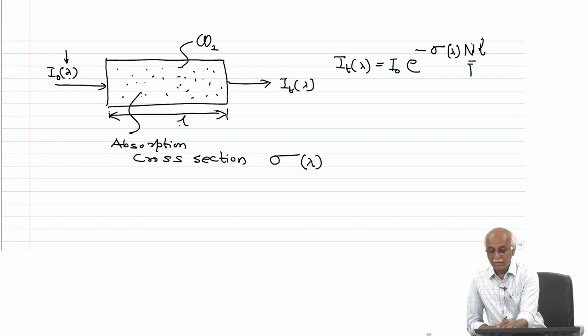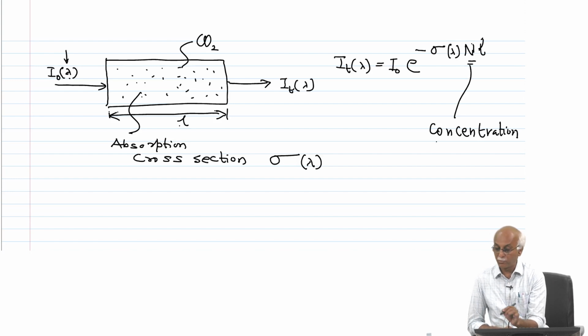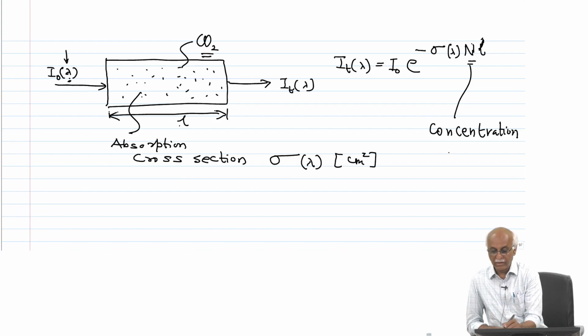Now, this n is nothing but the concentration of the molecular species, assuming we are talking about only one molecular species, and L stands for the length of the gas cell. Sigma is the absorption cross section, and its units are generally centimeter square. Concentration is the number of molecules per centimeter cube.